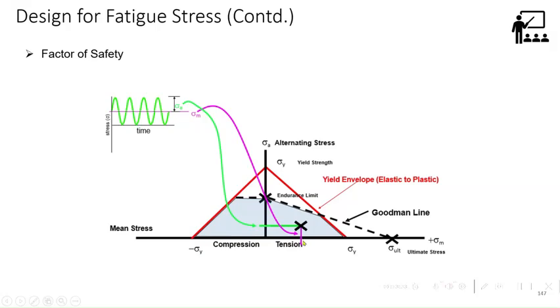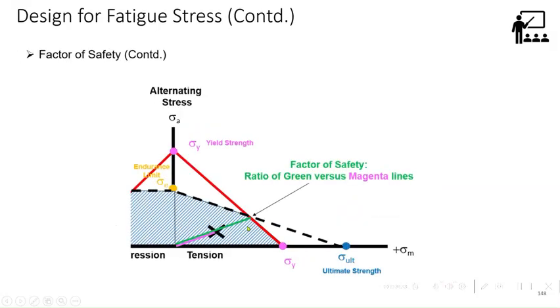So to define what the factor of safety is, like in static you have done margin of safety, a reserve factor, right? It is basically to know how far the margin is from the failure. Similarly here, the line itself is the boundary of the failure.